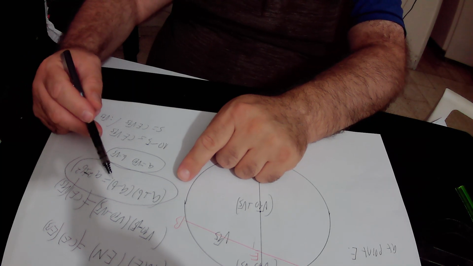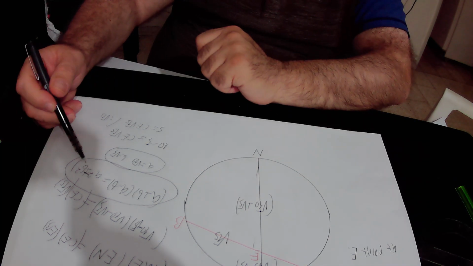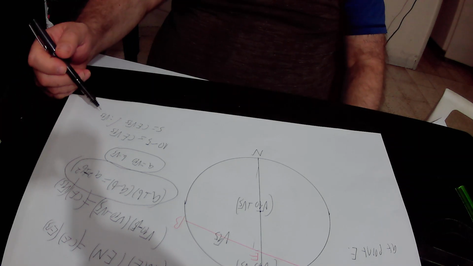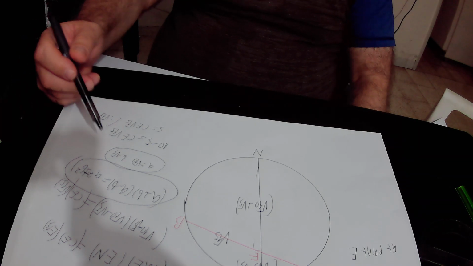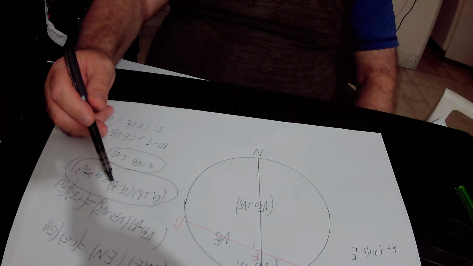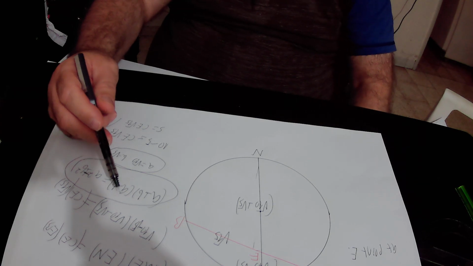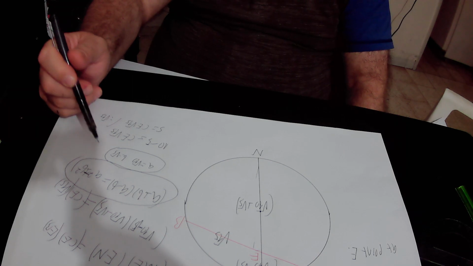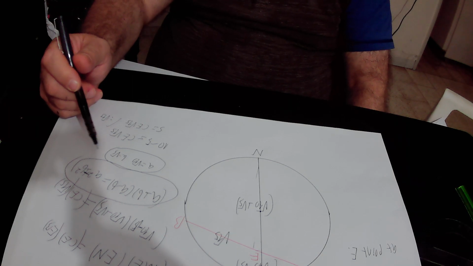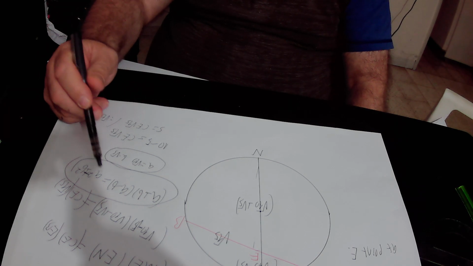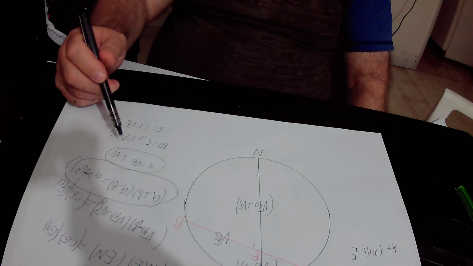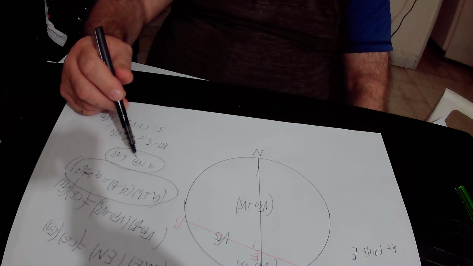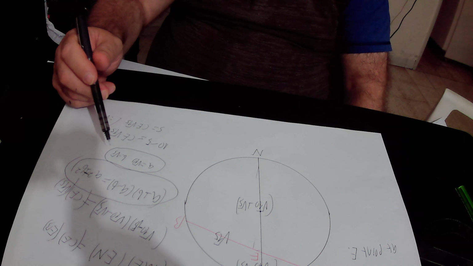Again, A plus B times A minus B equals A squared minus B squared. And in our specific equation, we know that A equals the square root of 10 and B equals the square root of 5. Therefore, A plus B times A minus B equals A squared. A is the square root of 10, therefore A squared is 10.